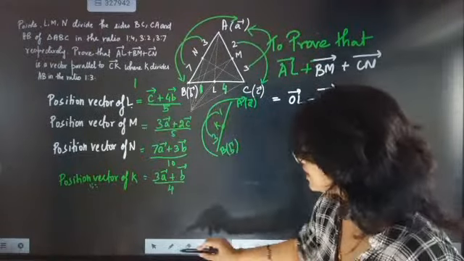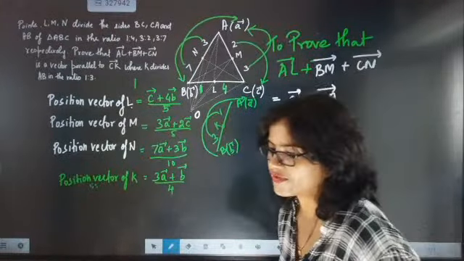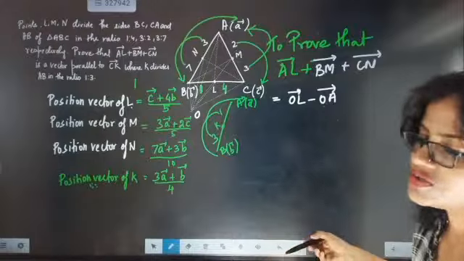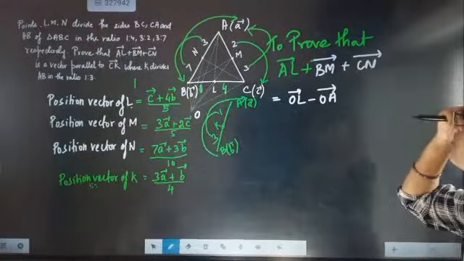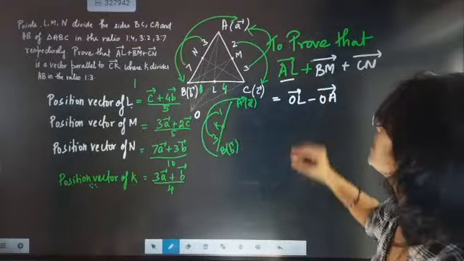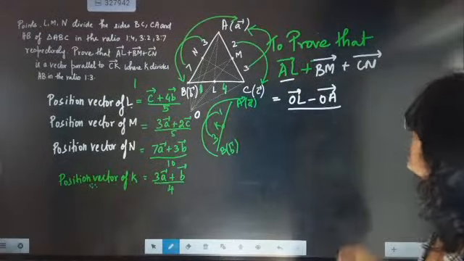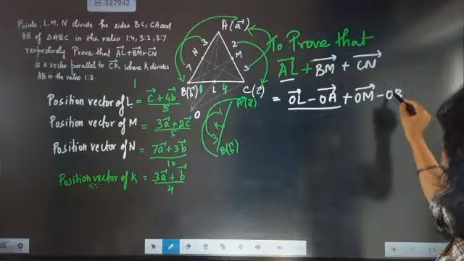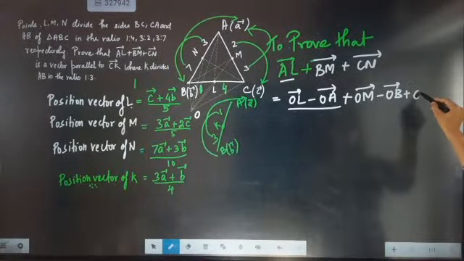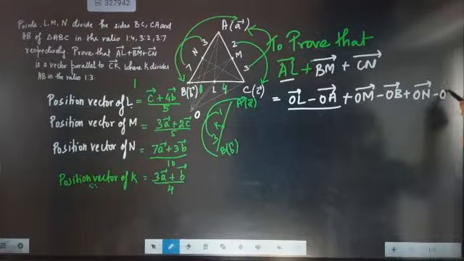Everything is connected to the origin. So AL vector is OL vector minus OA vector, plus OM vector minus OB vector, plus ON vector minus OC vector.